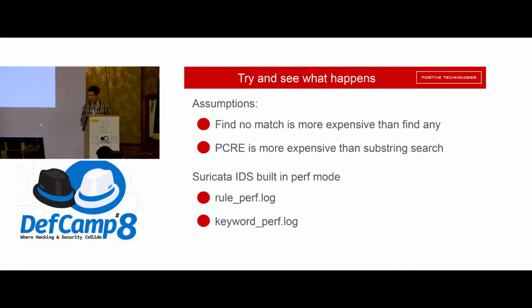For that, Suricata IDS was built in a special performance monitor mode, which is disabled on a real IDS setup because it makes the system a bit slower. It produces 2 log files. One of them you already saw on the previous slide, and the second one collects not the signature performance but signature keywords performance. We can find there, for example, how much CPU time, CPU ticks, a regular expression check took.